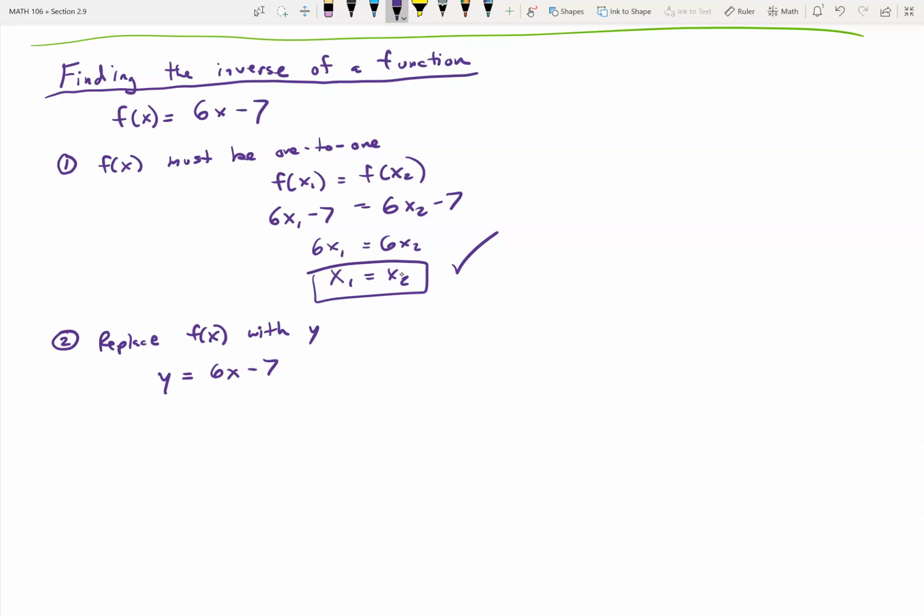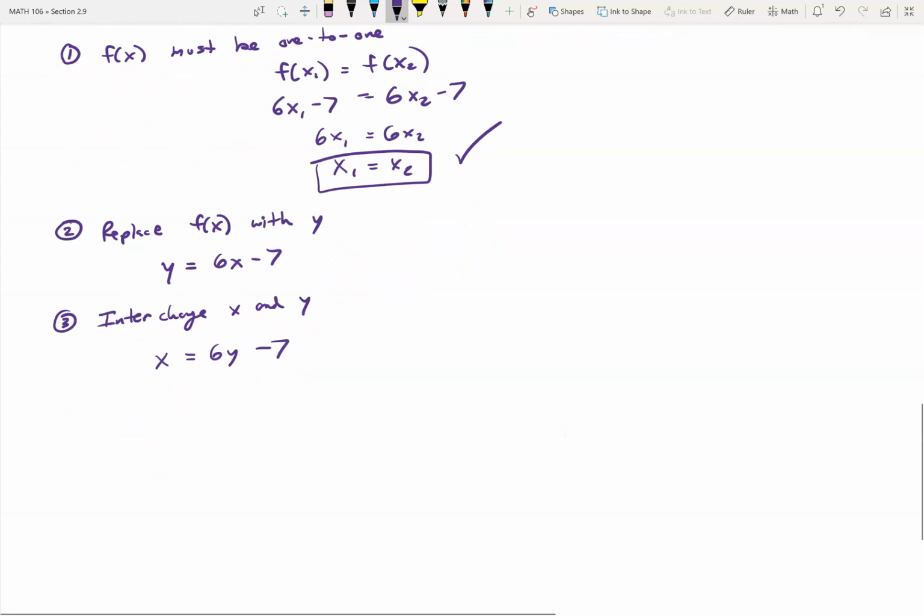All right. Next step, we're going to interchange x and y. So we're just going to flip where they are. So instead of having y equals 6x minus 7, I'm going to have x equals 6y minus 7. So I just flip the location of the variables.